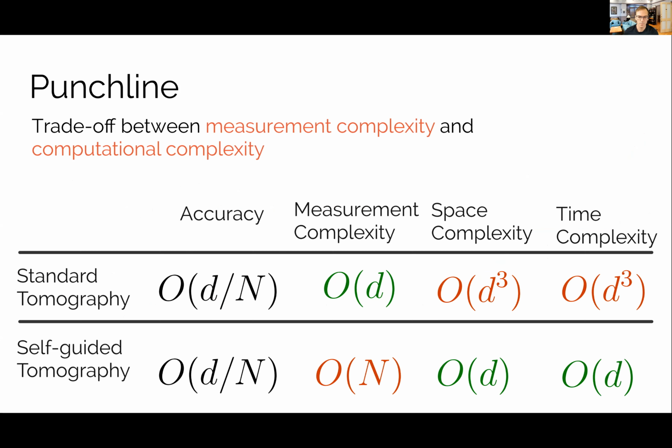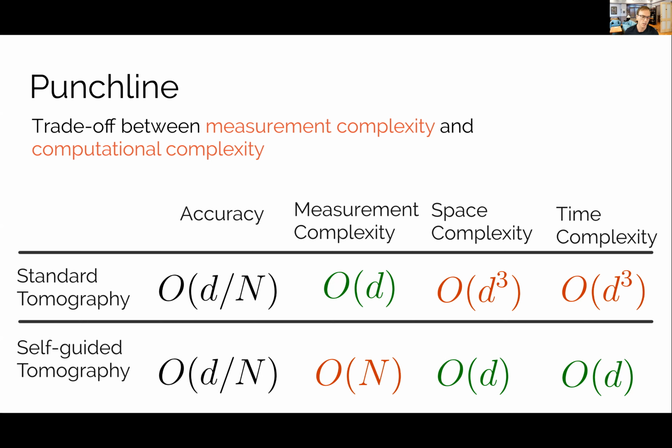To put some numbers on it, if I think about standard tomography, so standard tomography just means pick a set of measurements which is sufficient to completely characterize the state. So this is termed an informationally complete measurement. Let me point out, if you're looking at this graph, it's not written on the slide anywhere, but this is talking about pure states. This is the sub-problem of if the quantum state is a pure state.